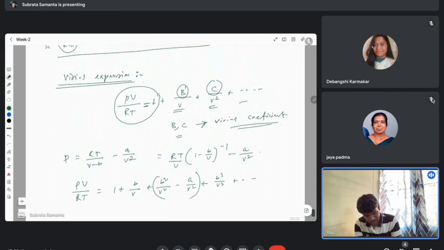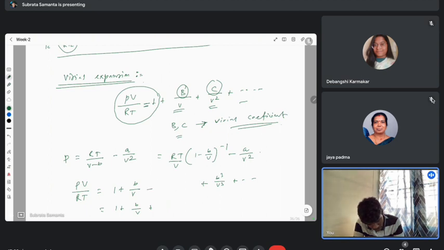So that means this is 1 plus b by V plus... Oh, sorry, so this is a V actually, because we have a by V square, we are multiplying with this thing. So this is a V. Minus, so there is RT.